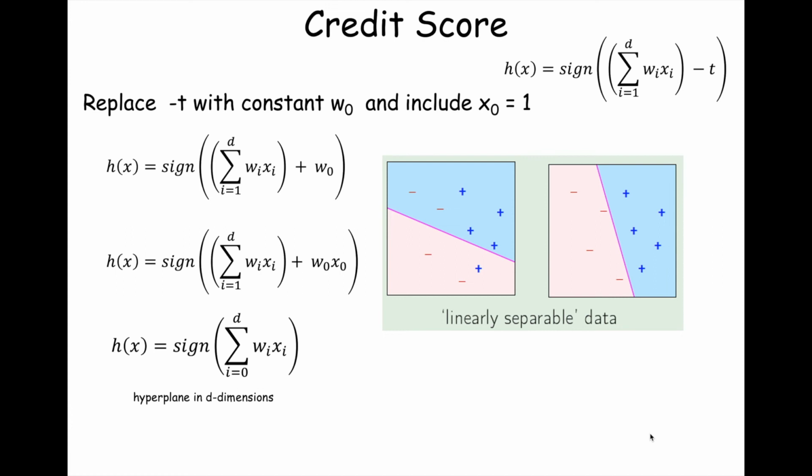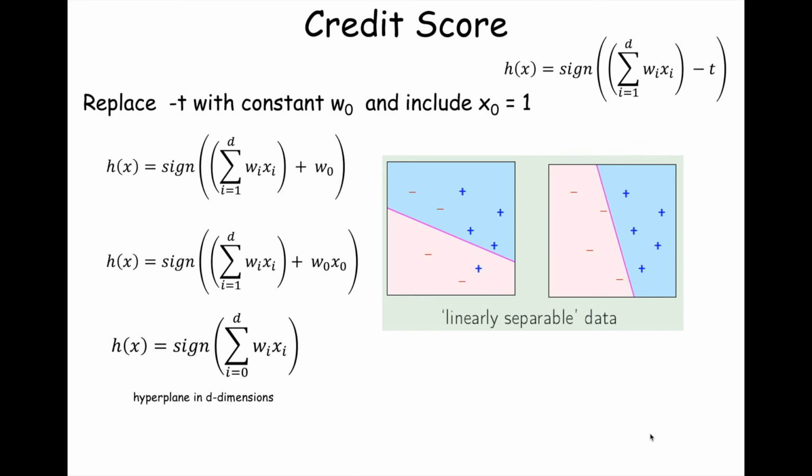So now, with this addition of w naught and x naught, I can now compute this entire quantity, this weighted sum, i goes from 0 to d of wi xi, as just the multiplication of two vectors. And I can do that in one line in MATLAB, and I can do that very quickly computationally. Does that make sense?